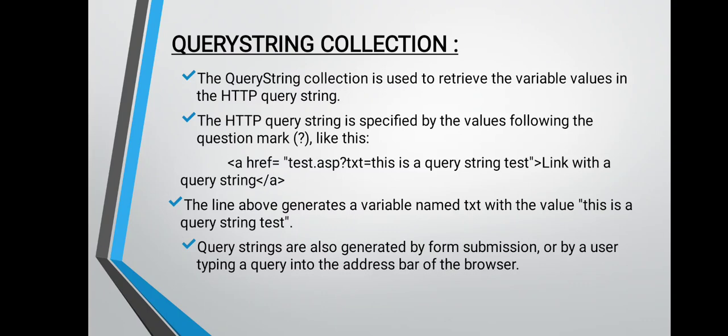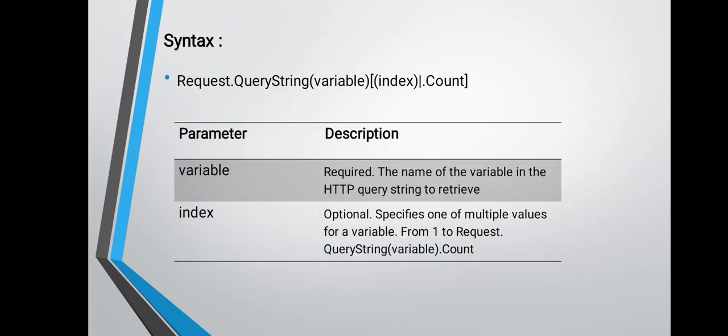Query strings are also generated by form submission, or by a user typing a query into the address bar of the browser. Syntax: Request.QueryString(variable)[(index)|.Count]. Parameters and description.